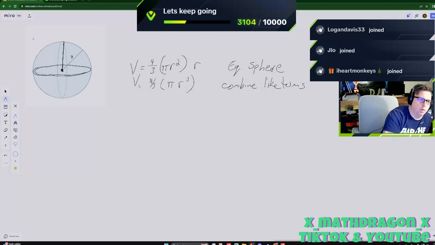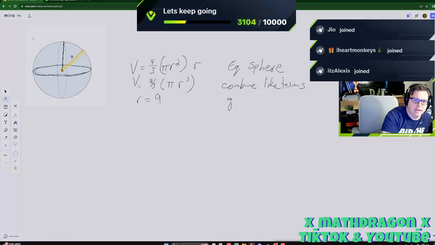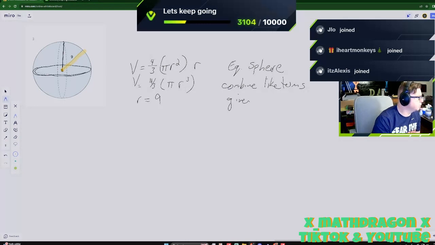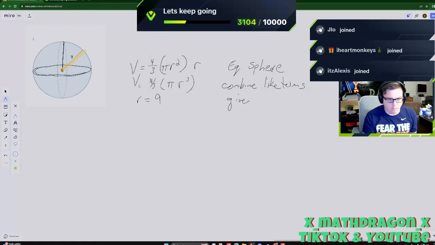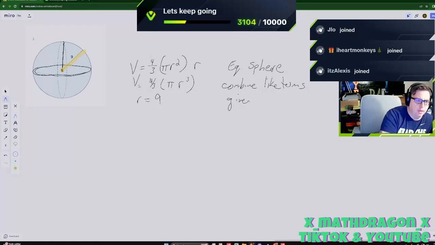And now I'm going to find my radius, which is from the center out. So my radius equals 9. That's given information. The picture tells me that. So I definitely want that to be given. And then I'm going to take my radius and plug it into my problem. Okay, so that's substitution.